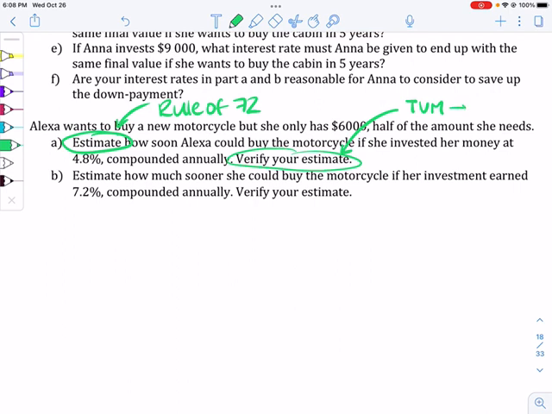I'm going to be solving for n. And remember, n refers to the number of payments. In this case, if we're not making payments, n will also refer to the number of years. But we can use TVM to verify that estimate and figure out the exact, down to the decimal, amount of time it'll take for that investment to double.